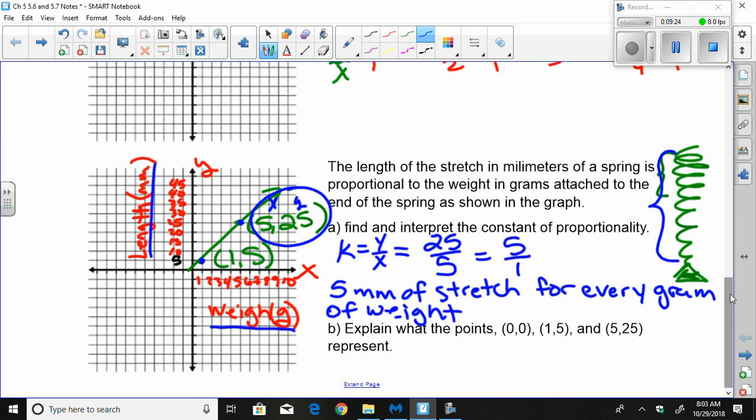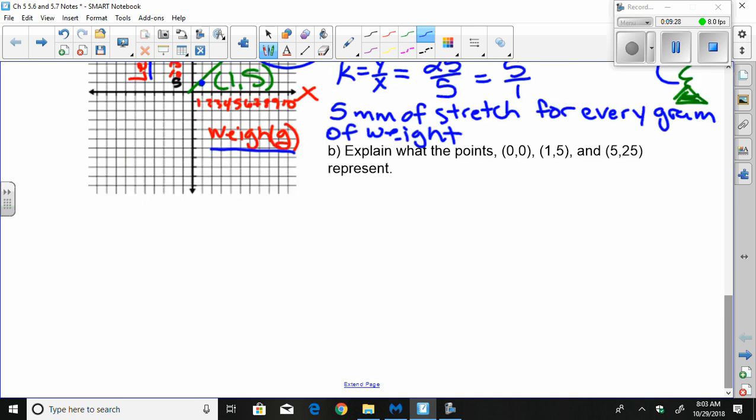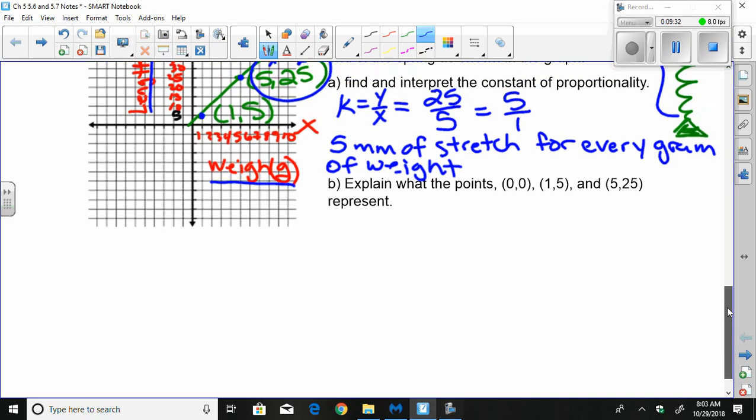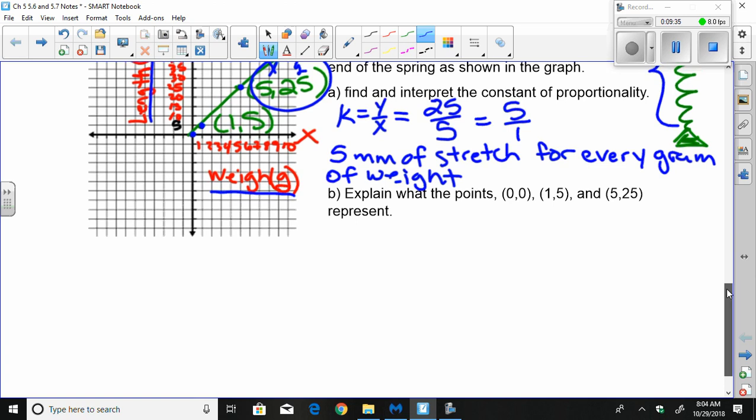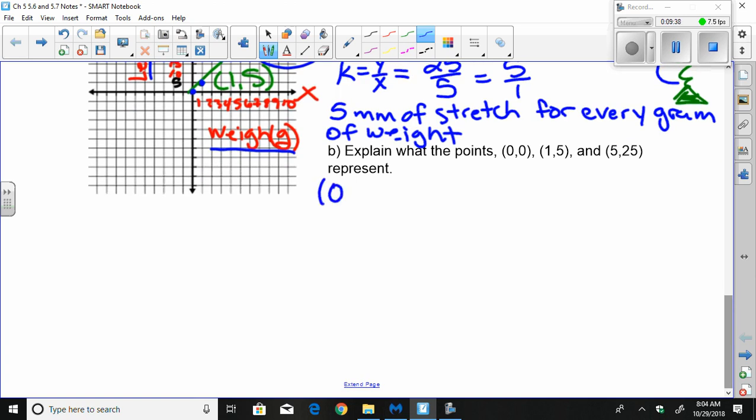Explain what the points (0, 0), (1, 5), and (5, 25) represent. That just means these points right here. The point (0, 0) is when there is 0 weight and 0 stretch.